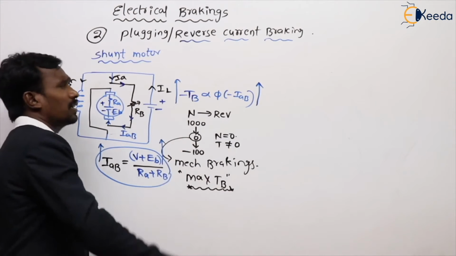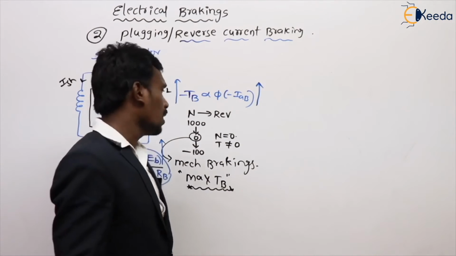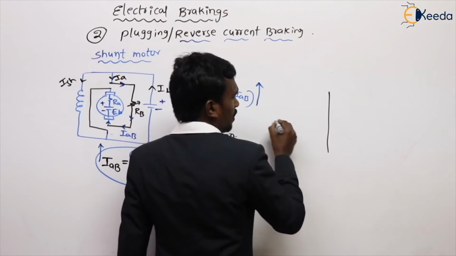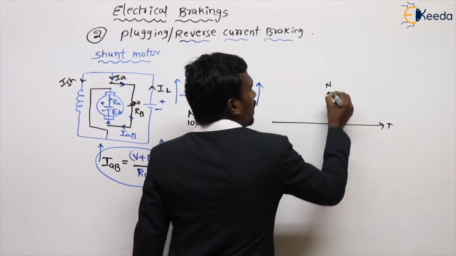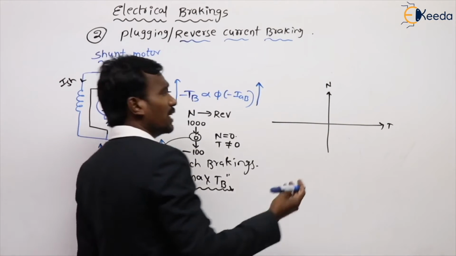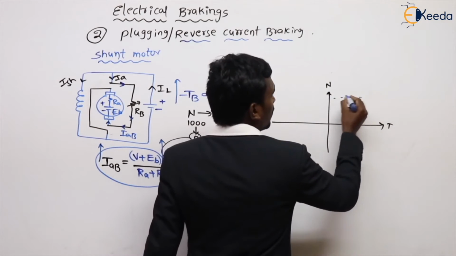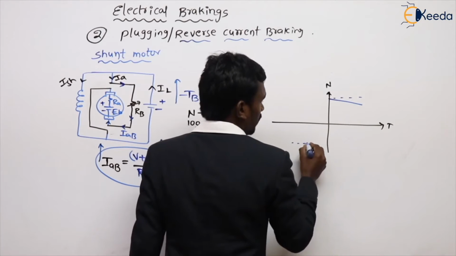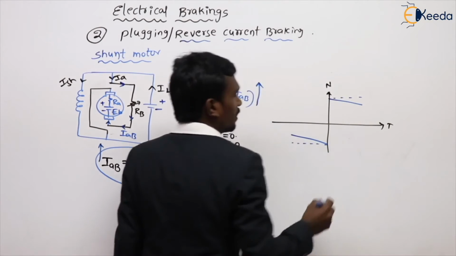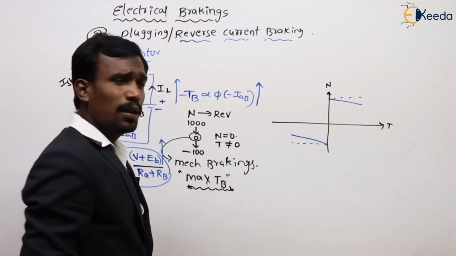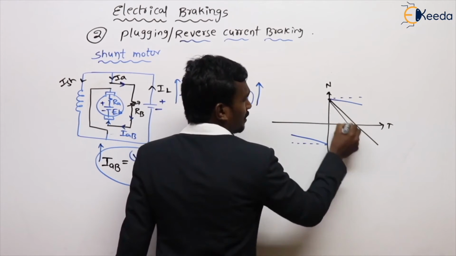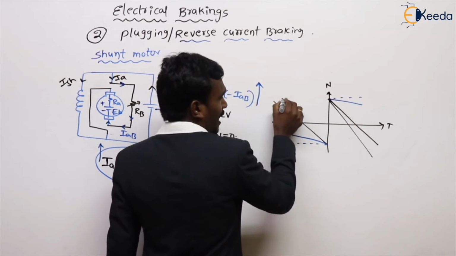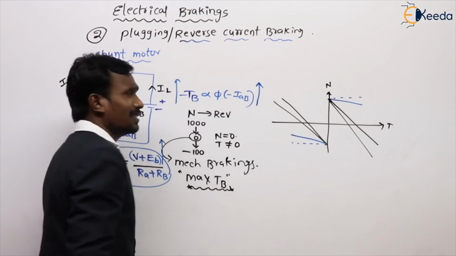Let's draw a graph for this shunt motor. How the graph? See, this is for example torque and the speed. Actually, DC shunt motor speeds are like this for motoring and like this for reverse motoring. But when braking is applied, the characteristics are like this.